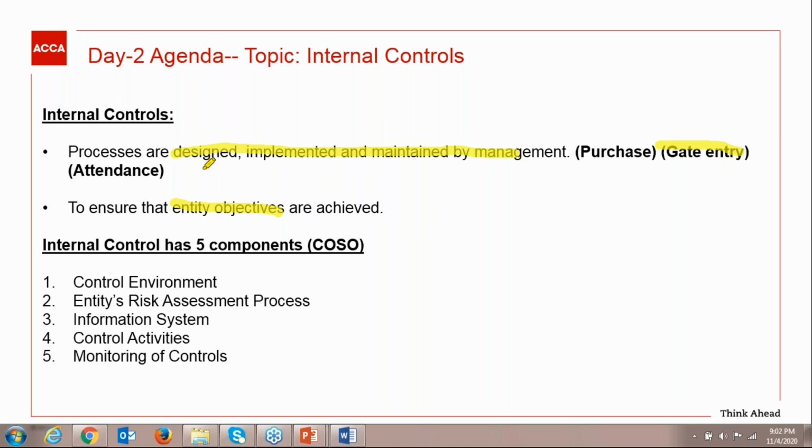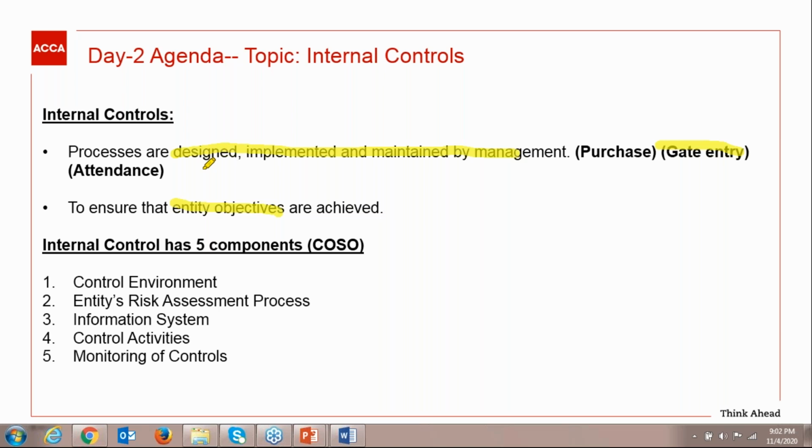They will be discussed tomorrow. In internal controls, we discuss only the organization's internal systems and internal processes, which the management has designed, implemented, and maintained to prevent and detect fraud.